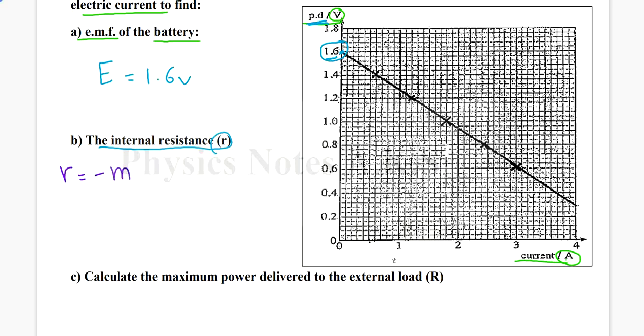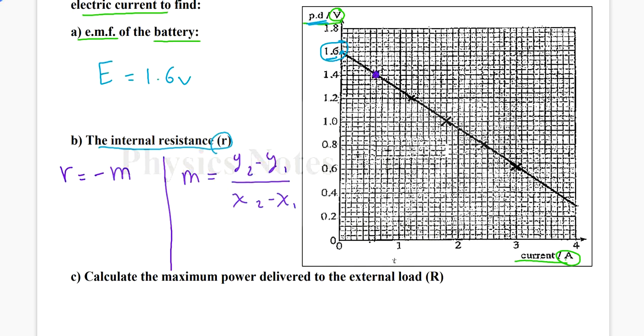Either you call it M or S or G. So M here is the gradient or slope. We know from math, if I want to find the slope, it is y2 minus y1 over x2 minus x1. So I have to choose two points, the first and the second.